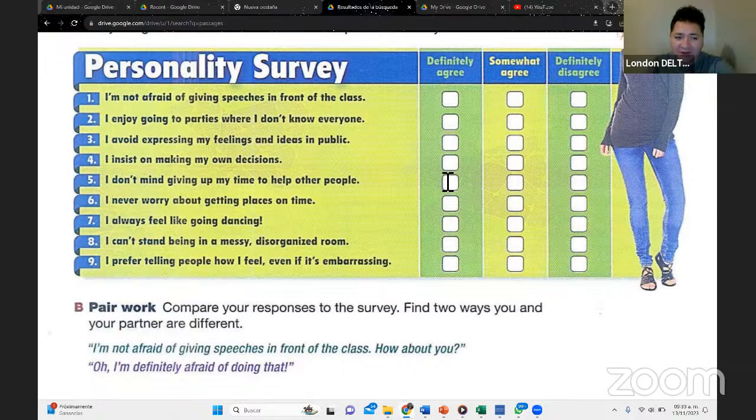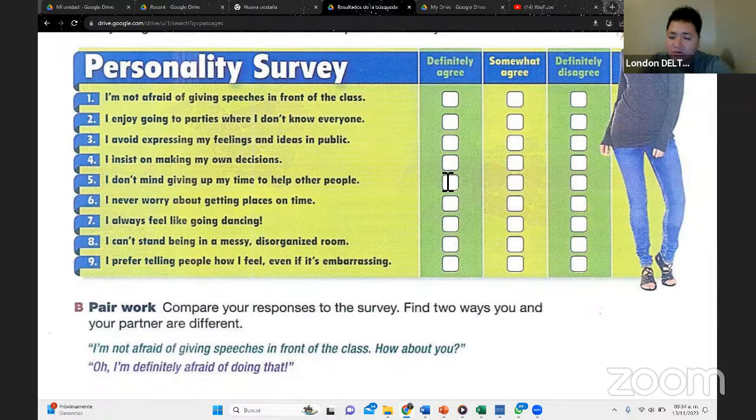Okay, number 5. I don't mind giving up my time to help other people. Give up your time means to give your time without any restrictions, dar sin restricciones, freely, darlo con mucha generosidad. I don't mind giving up my time to help other people.